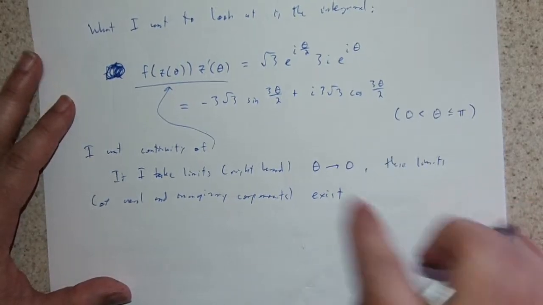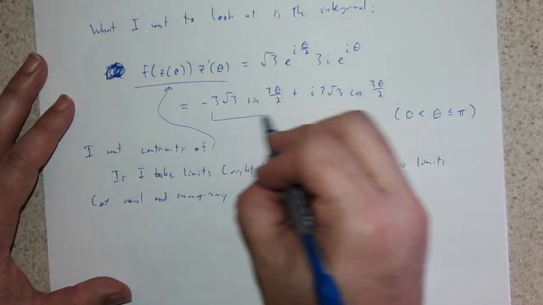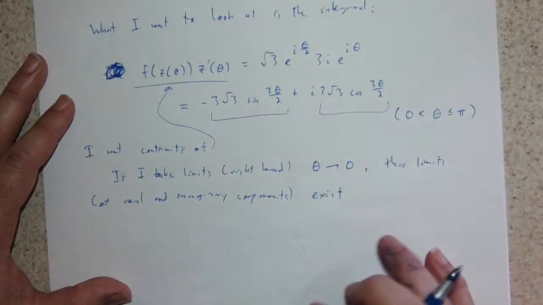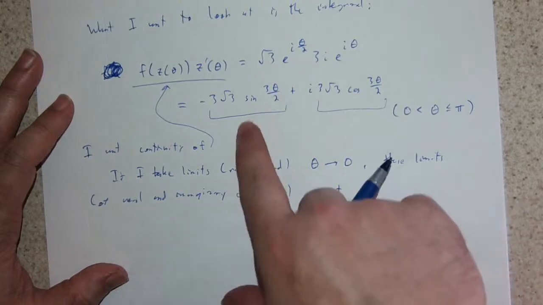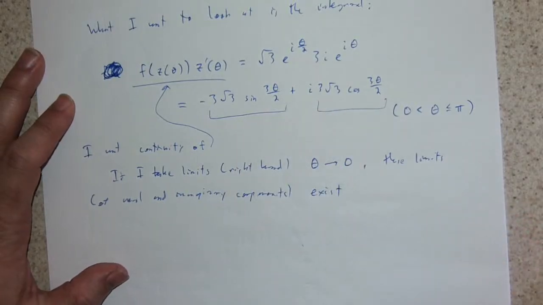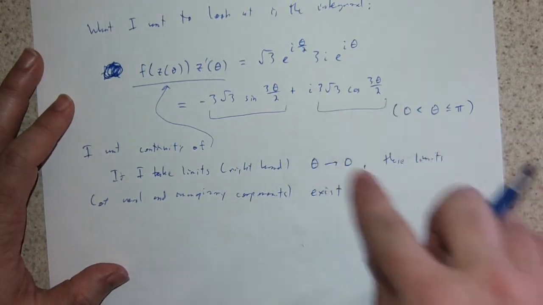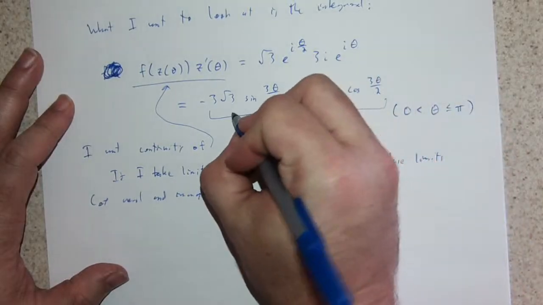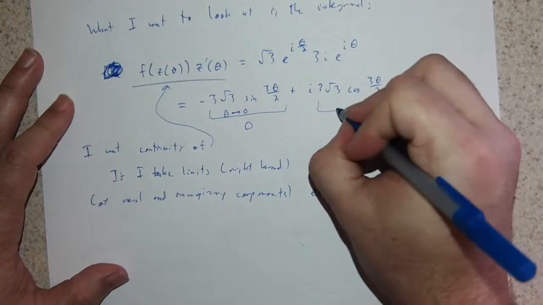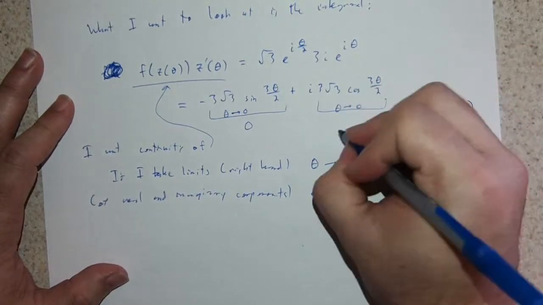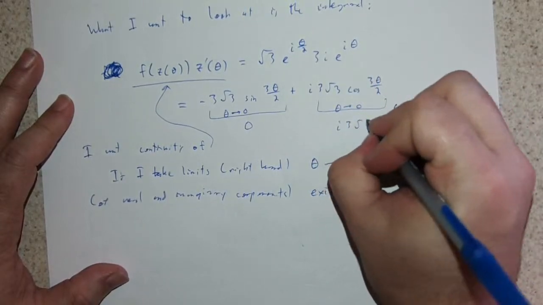What are they? I'm looking at the limits as theta goes to 0 of the real and imaginary components. As theta goes to 0, the limit of this thing is 0. The limit of this thing is i 3 root 3.